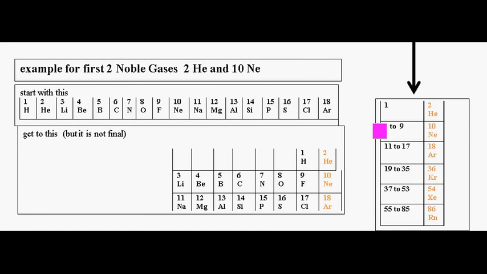As an example, let us look at the first 18 elements, starting with hydrogen and ending with argon. The table which I have in mind looks like this: helium, neon, argon below each other, and the other elements with lower numbers before it.